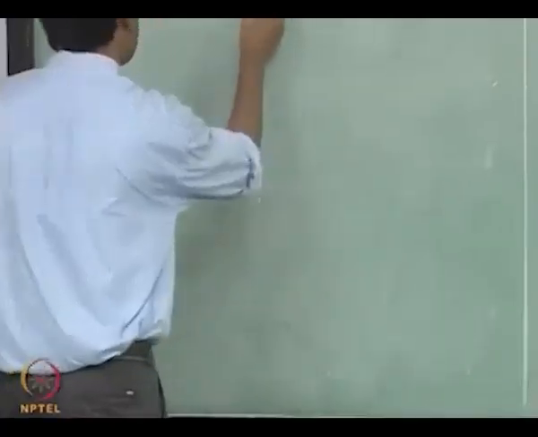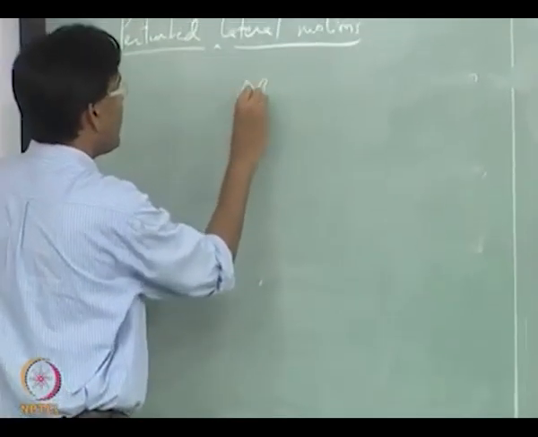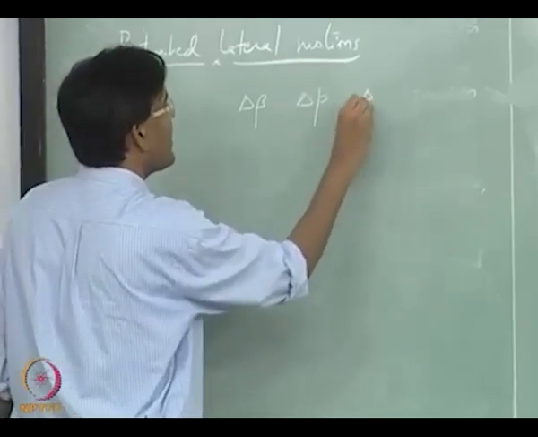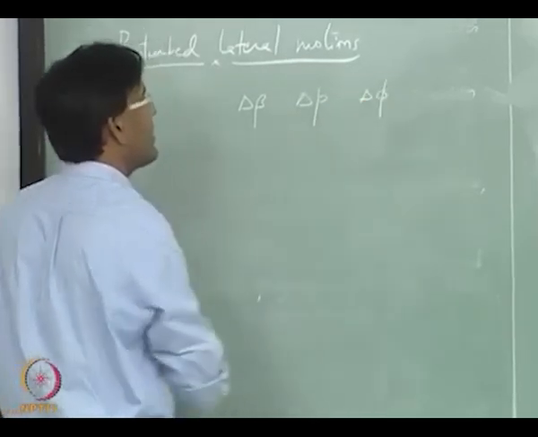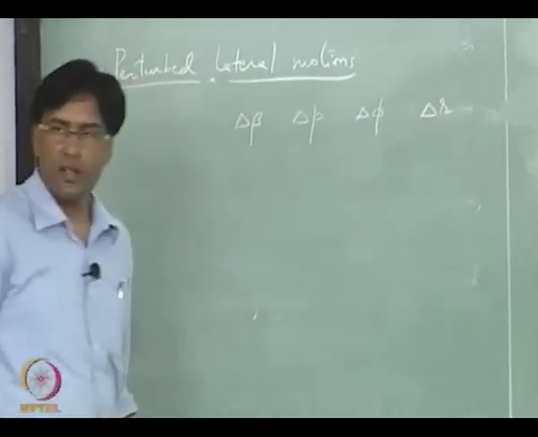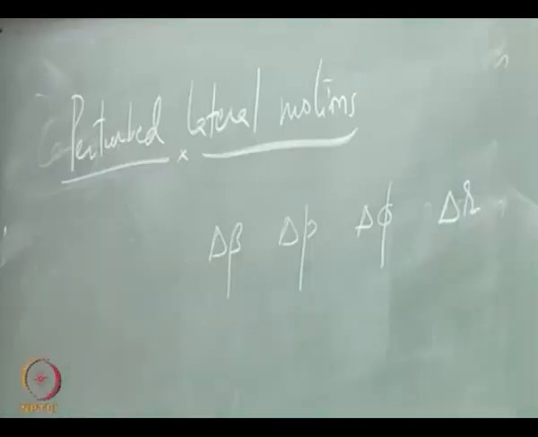So the variables of interest here are delta beta, delta p, delta phi, and delta r, right.